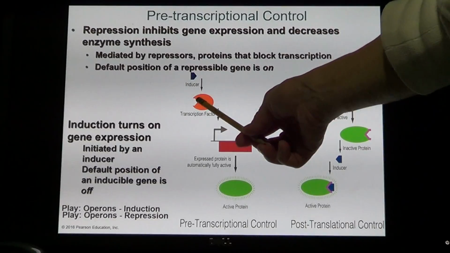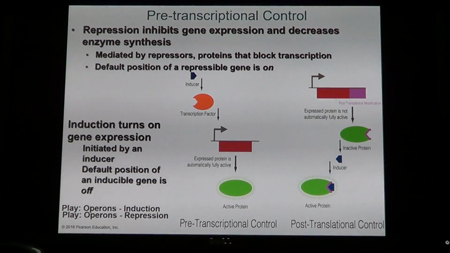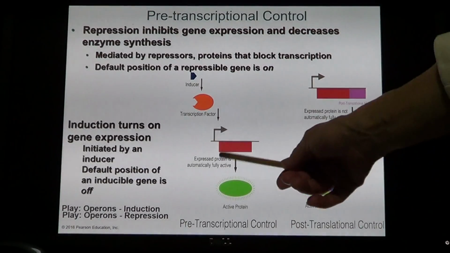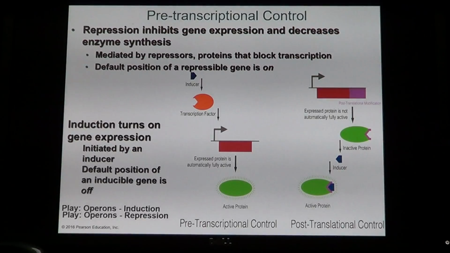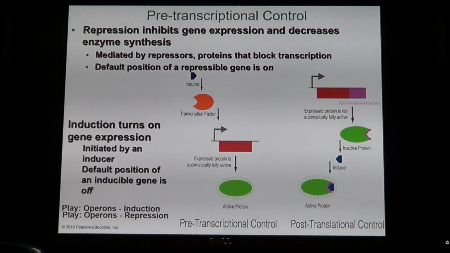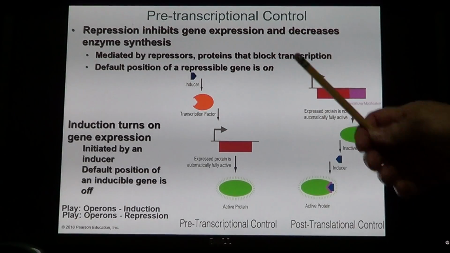By default, mostly the gene is constantly on, which is a repressible operon, right? So the inducer binding to the transcription factor turns the gene on, and production happens once enough protein is there. Then there is post-translational control.